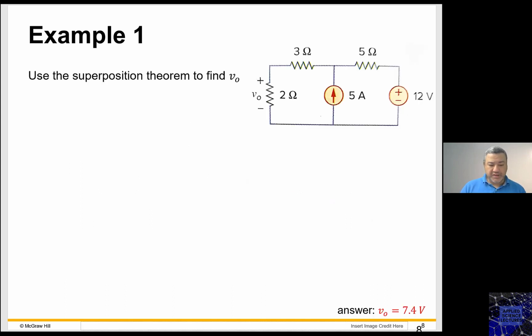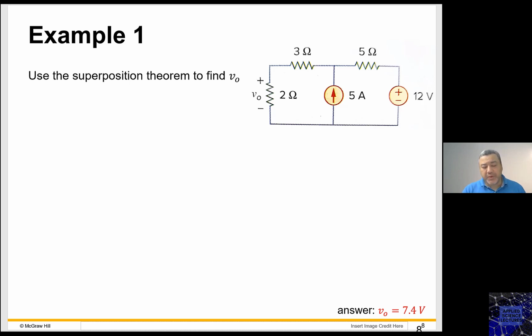So let's look at this example to understand how we apply the superposition. Example 1: use the superposition theorem to find V naught. So we need to find V naught. When I say use the superposition theorem, this means I will need to keep one independent source at a time.